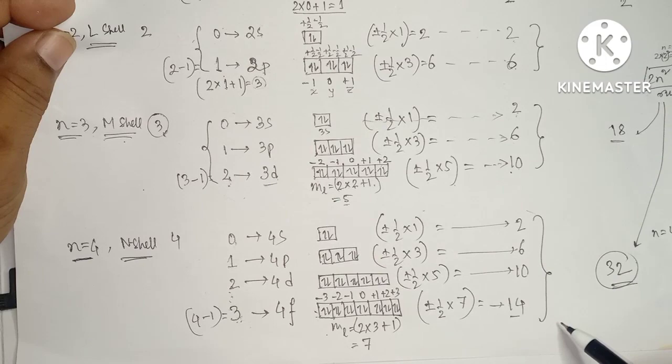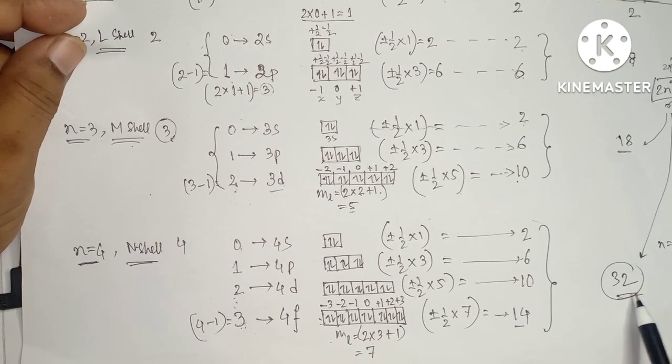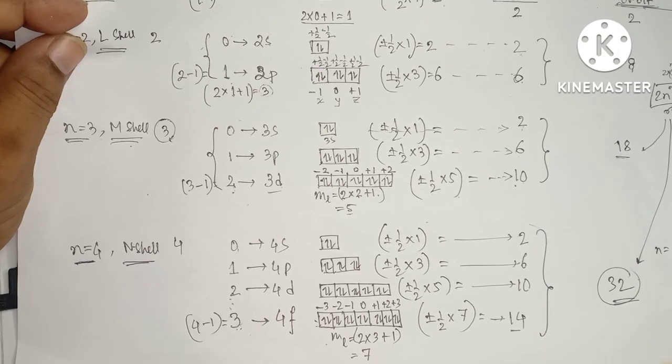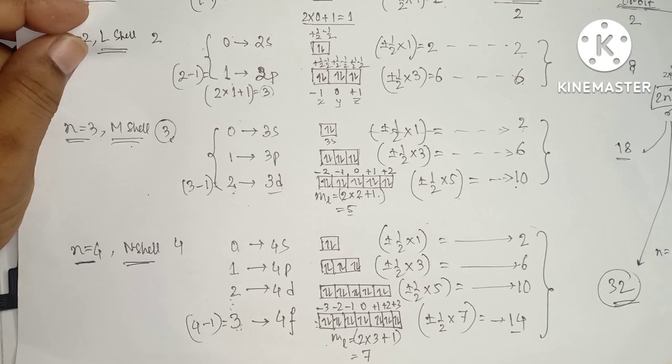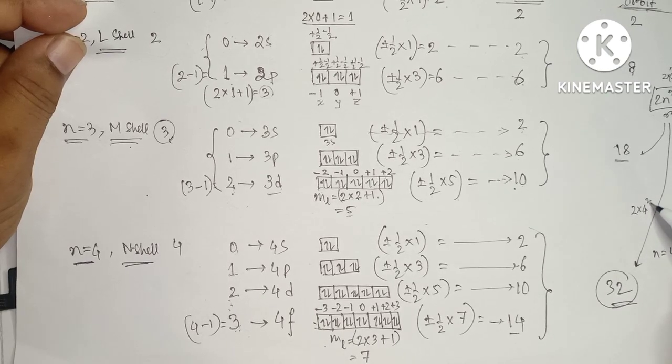So the total number of electrons that may be present in the 4th orbit is 32, which is again in accordance with the 2n square rule. If you put n value 4, we get 32.